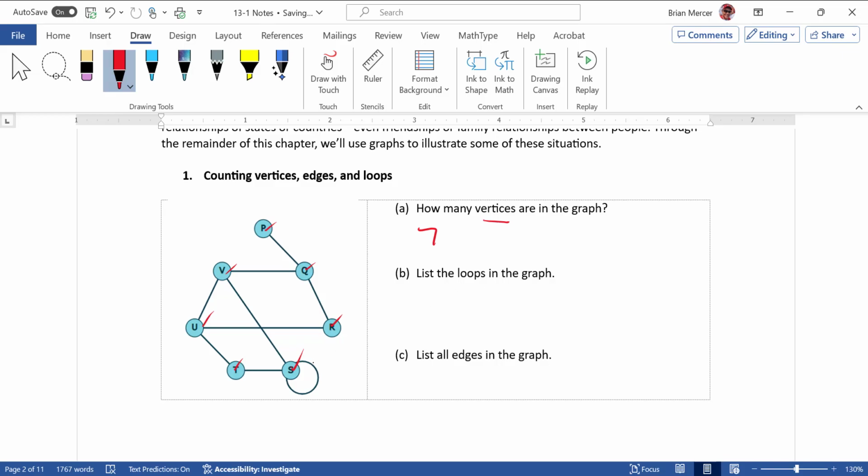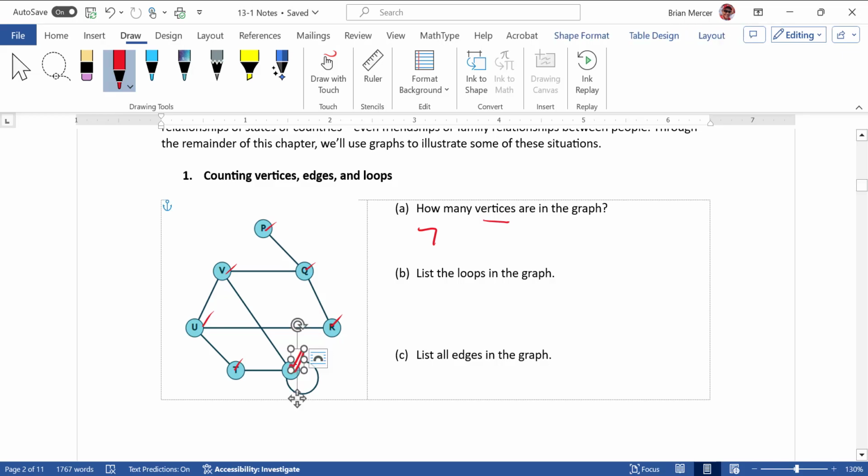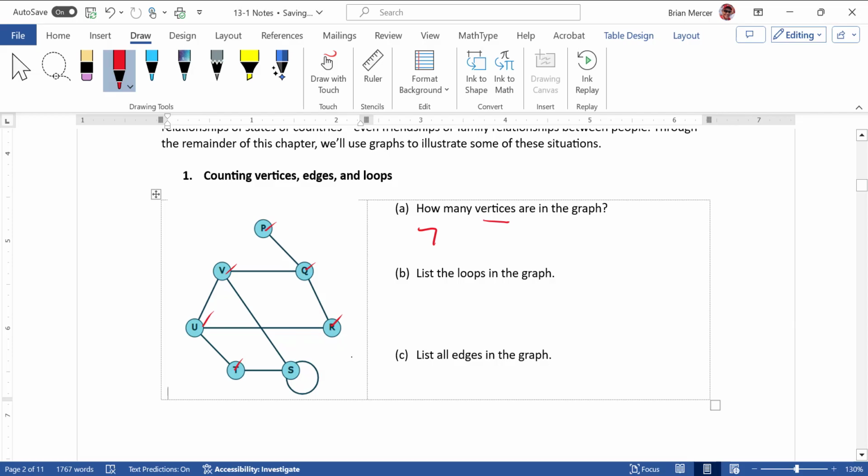There's only one. Oh, that's an S. I couldn't tell what letter that was. I'm deleting it just so I can see that mark. So the loop would be called SS because S is connected to itself with that loop. List all edges. Well, actually, SS is one of the edges since a loop is a special edge.